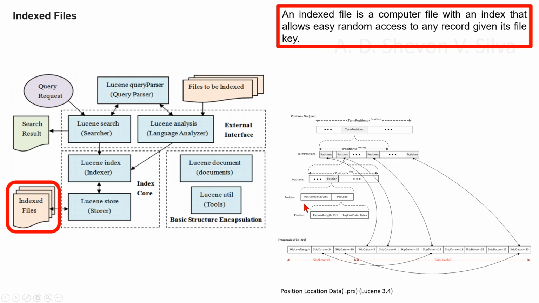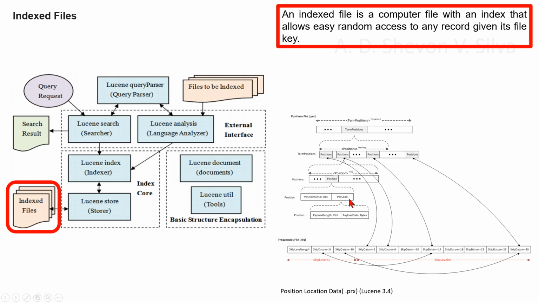For example, term positions for a term which occurs as the 4th term in one document and as the 5th and 9th term in the subsequent document would be the following sequence of vints: 4, 5, 4.